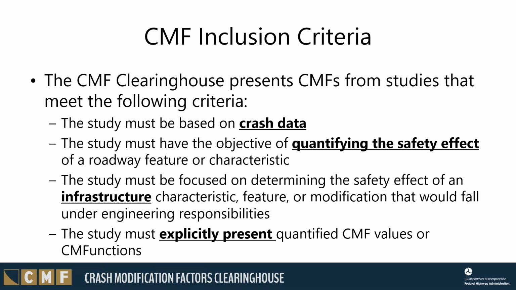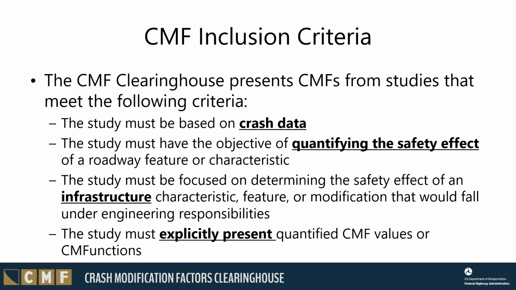The primary purpose of the study must also be to quantify the safety effect of a roadway feature or characteristic, not developing or testing models, but quantifying the safety effectiveness of a countermeasure or treatment. The CMF Clearinghouse is also primarily focused on infrastructure countermeasures and treatments. And the last requirement is that the study must explicitly present a CMF or a CMF function.